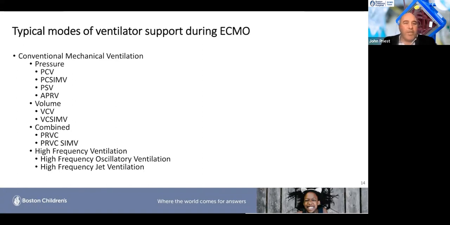This mode of ventilation holds a mean airway pressure. It has short releases, very quick releases. It's inverse ratio ventilation. But this mode of ventilation does interest me because it has a lung protective side, but it also has a lung recruitment side.